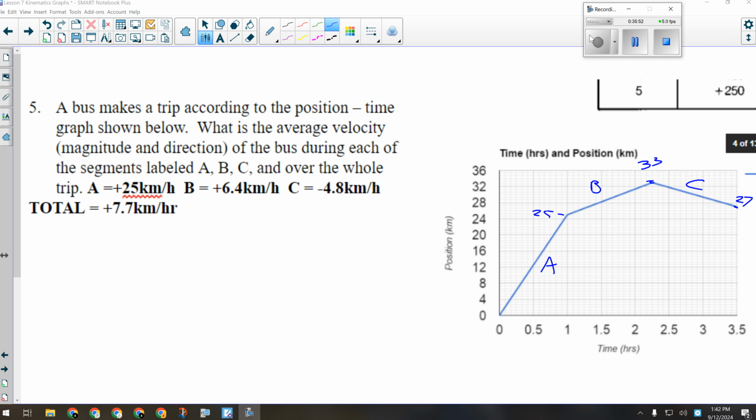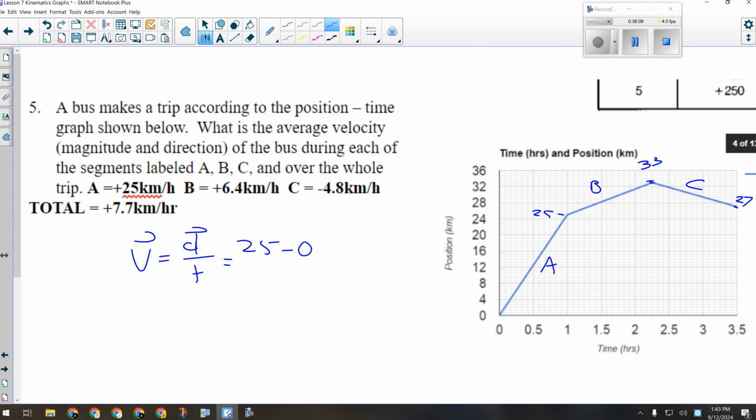If I want to know the velocity during each one of these parts, for part A, velocity is displacement divided by time. I'm going to have 25 kilometers minus 0 kilometers over 1 hour.